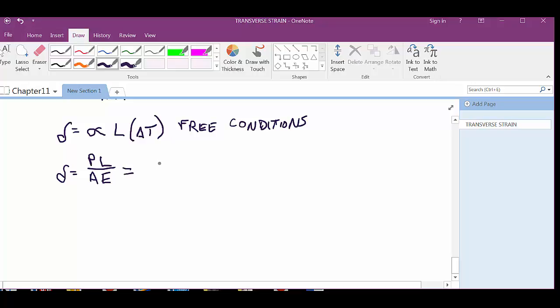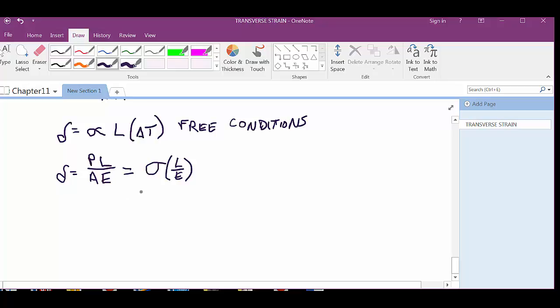Or you can say the stress, which is P over A, times the length over the modulus of elasticity, depending on what you know. But if you know P and A, then you do know the stress, right? So that's just developing the equation.